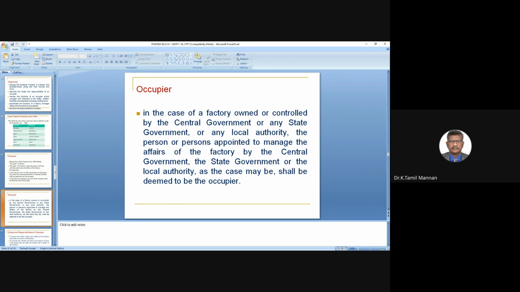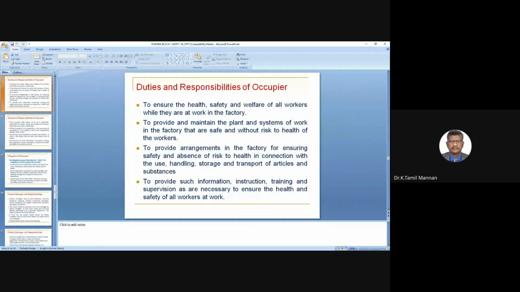For example, in public sectors, the executive director is the ultimate power, so the ED acts as the occupier. The government itself appoints the occupier of the firm, institution, or industry.